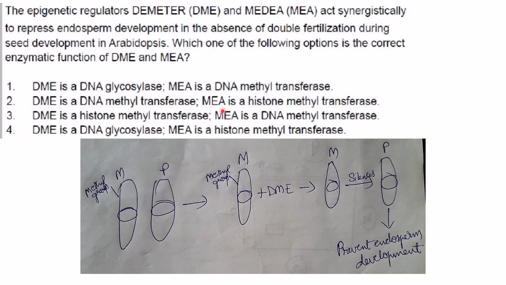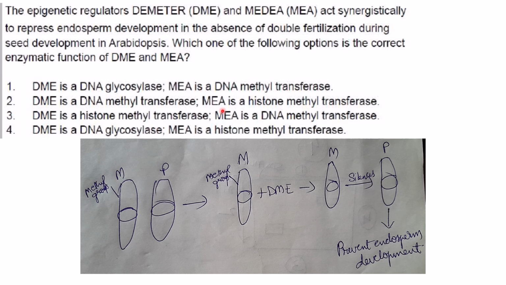So DME is a DNA glycosylase. Now MEA, it is a histone methyl transferase. Histone methyl transferases, you all know, catalyze addition of methyl groups to specific lysine or arginine residues in histones. And this can lead to either activation or deactivation of the gene.